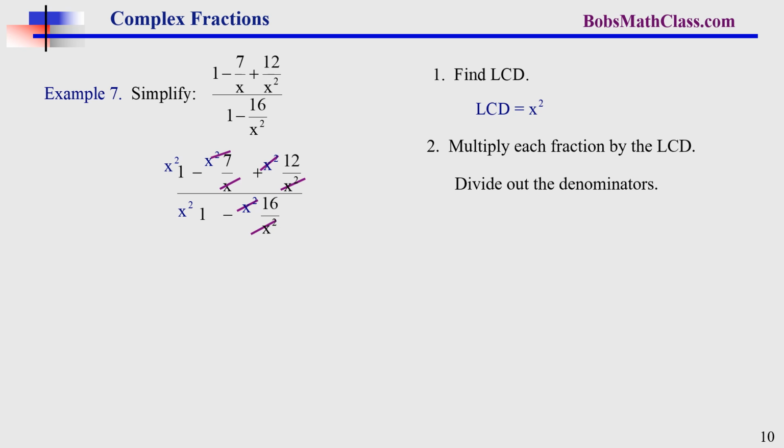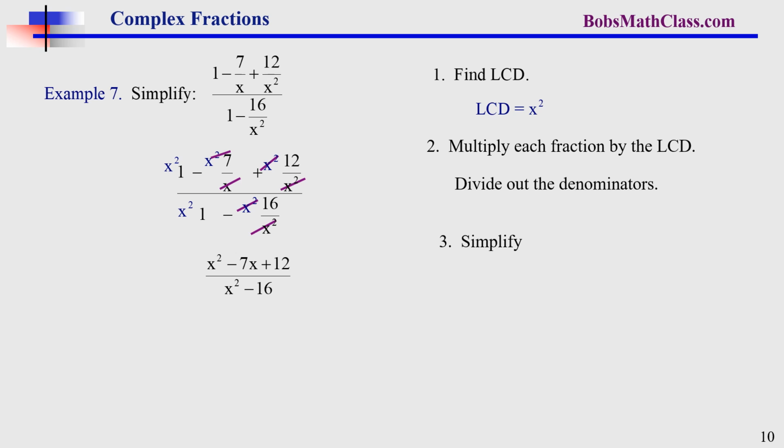So now what we're left with is a fraction, x squared minus 7x plus 12 on top, and x squared minus 16. That should look familiar. Now we need to factor both the numerator and denominator. You have to simplify the rational expression.